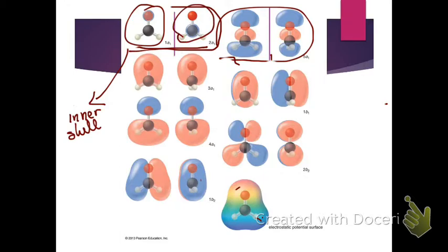These inner shell orbitals show very little overlap with orbitals on other atoms because, in general, the much lower energy inner shell orbitals do not form molecular orbitals by overlapping with orbitals on other atoms.